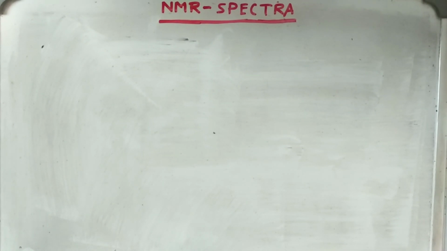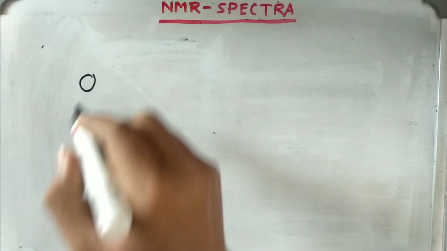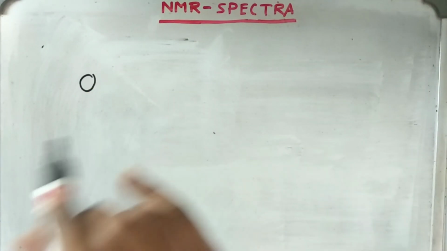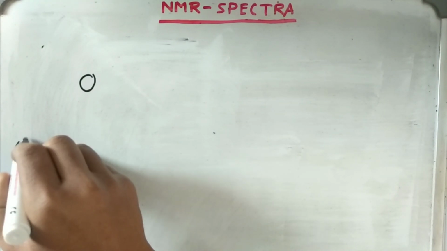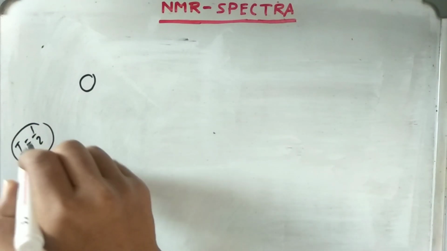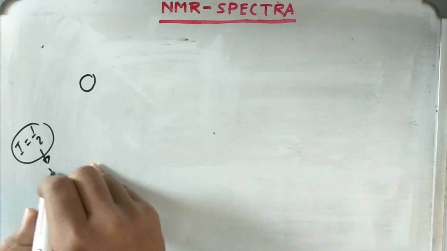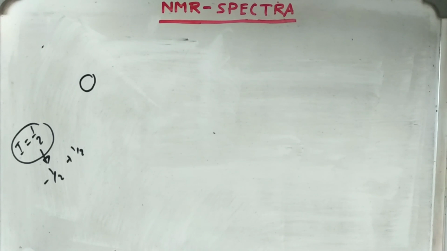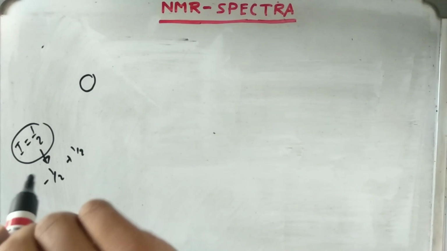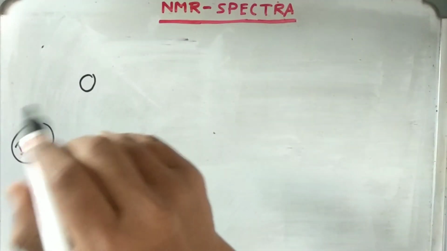In the absence of any magnetic field, all the nuclear states are degenerate. Nuclear states means, as I already gave the example, hydrogen, which has I equals half. So there will be a total of 2 spin states, minus half and plus half, and these 2 spin states will be degenerate.